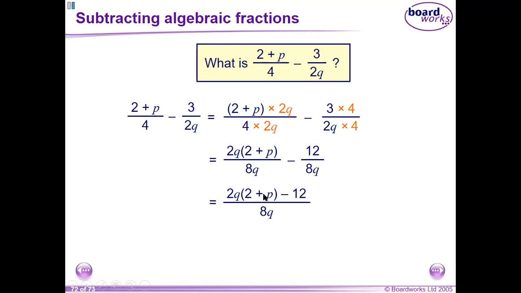So that'd be 2q multiplied with 2 plus p, minus 12, over 8q. So just simplify them if you can to give you q times 2 plus p in brackets, minus 6 over 4q.